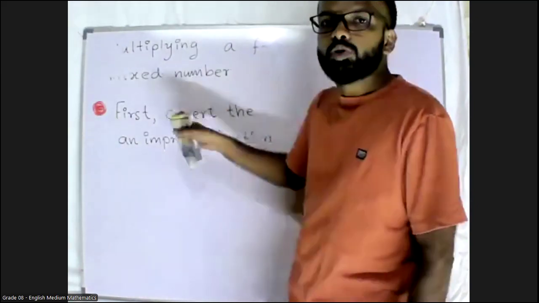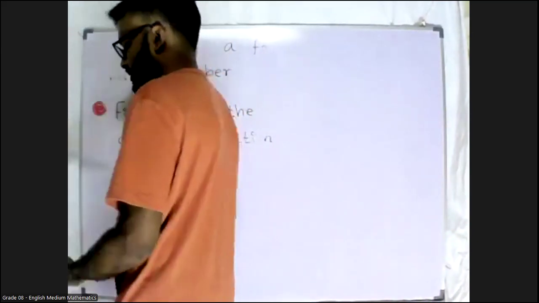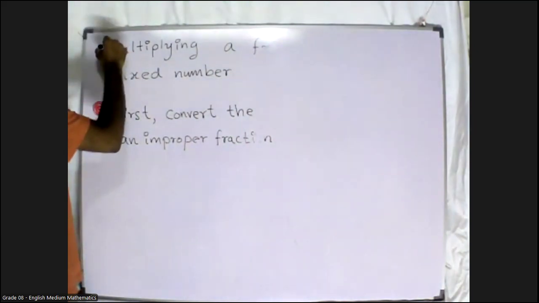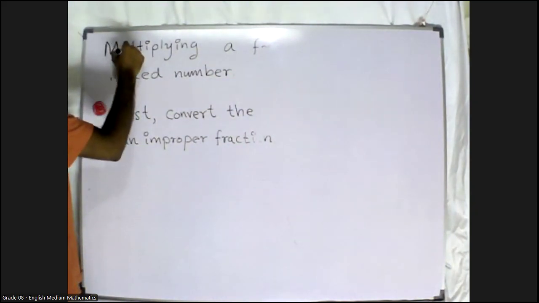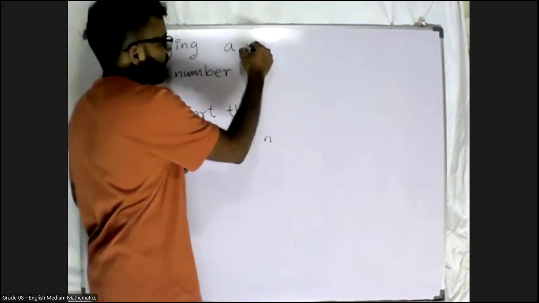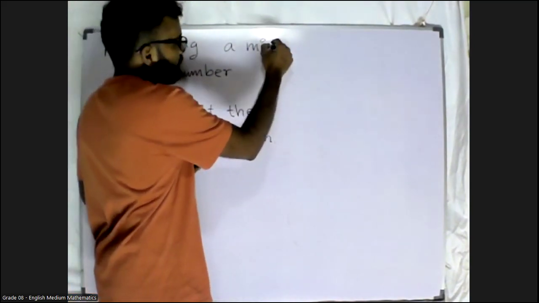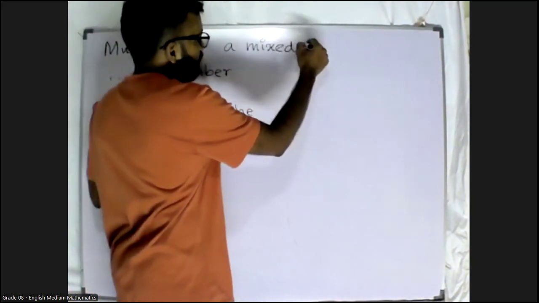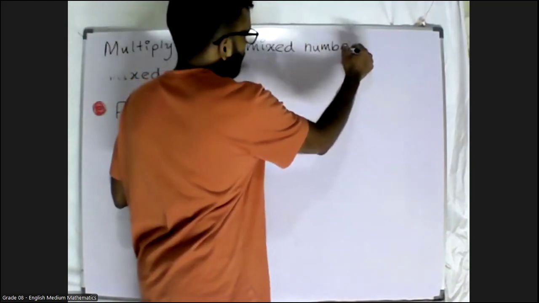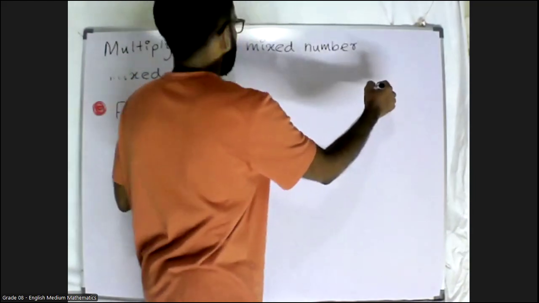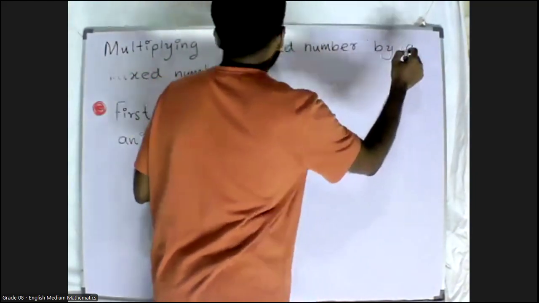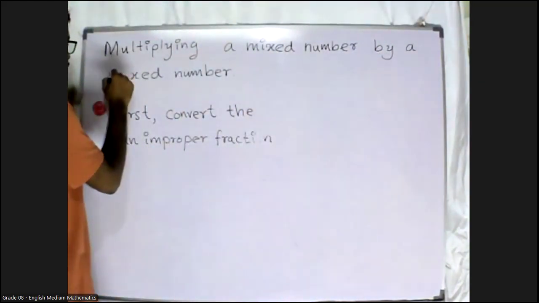So the same steps you have to follow. Same steps, right? So I will rewrite this. Multiplying a mixed number by a mixed number.